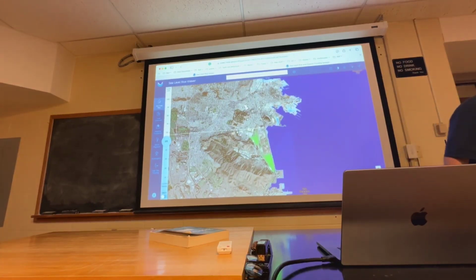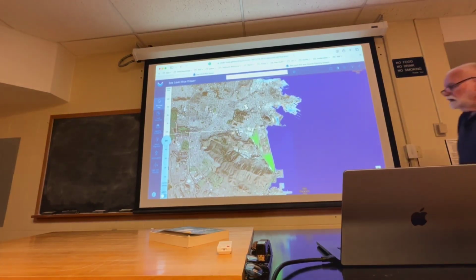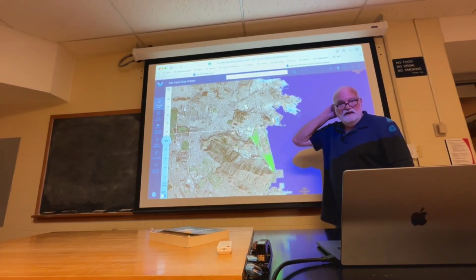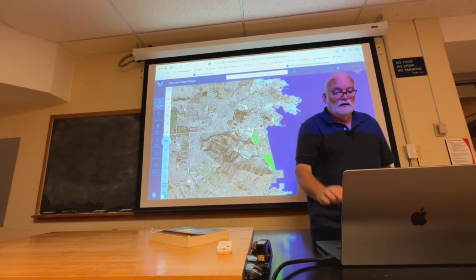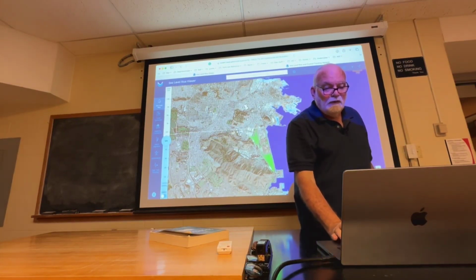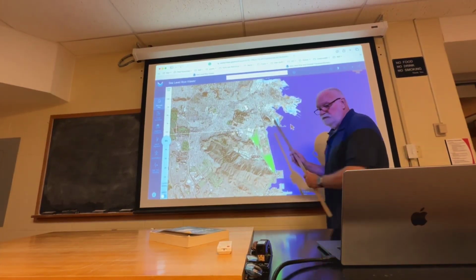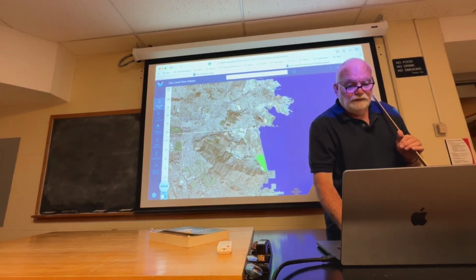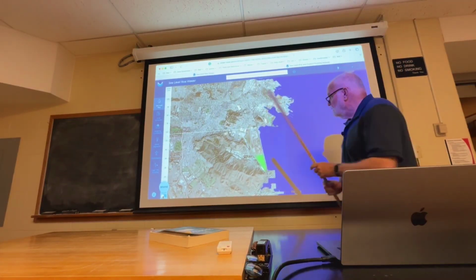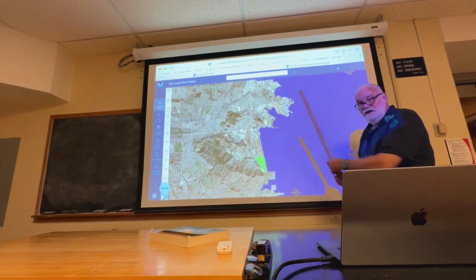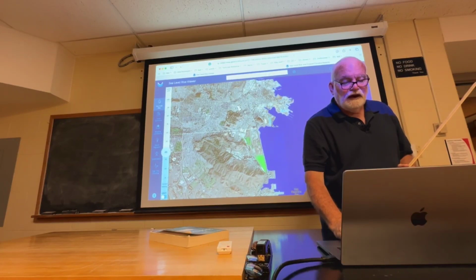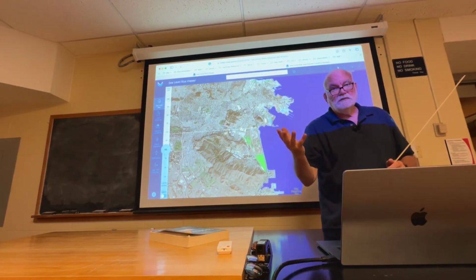Yes, sir? So is the green like a light level of flooding and the blue is flooded? I think they use slightly different terms for that, but basically this is not water at this time. Watch this little pocket of blue here. You see, that little pocket now is green, but with some amount of rise, it converts to water.